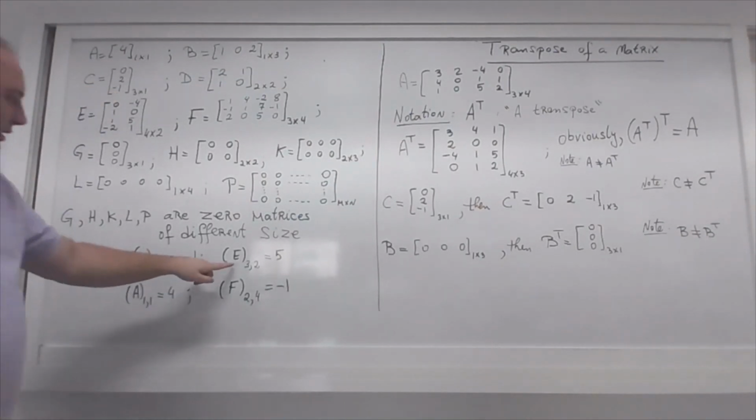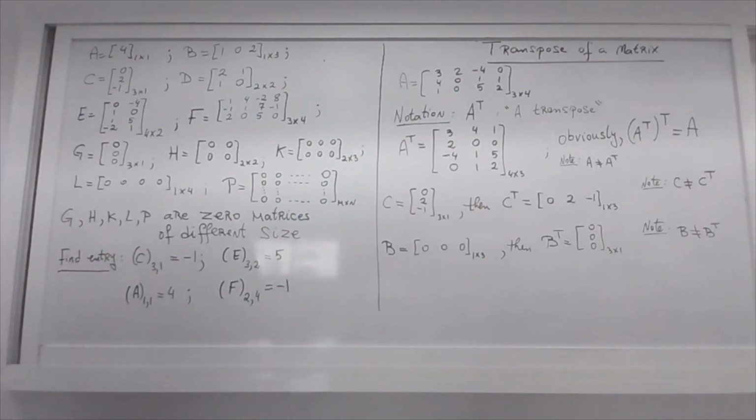In matrix E, I want to find entry 3, 2, so I need to go to row 3 and column 2, so the entry is 5. In matrix A, I want entry 1, 1, well, it's the number 4.